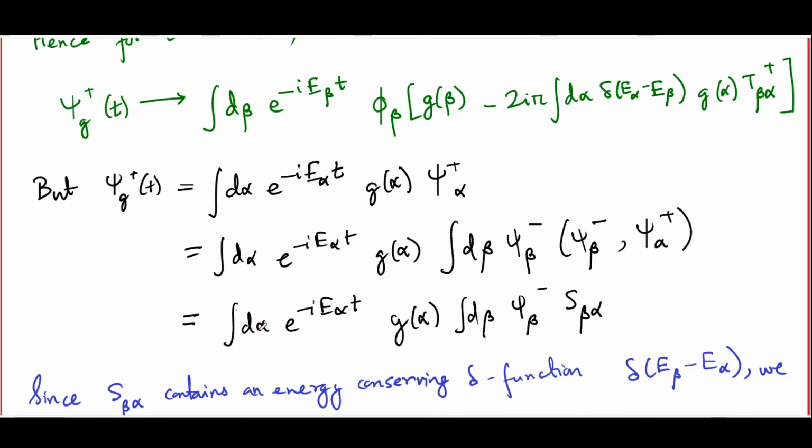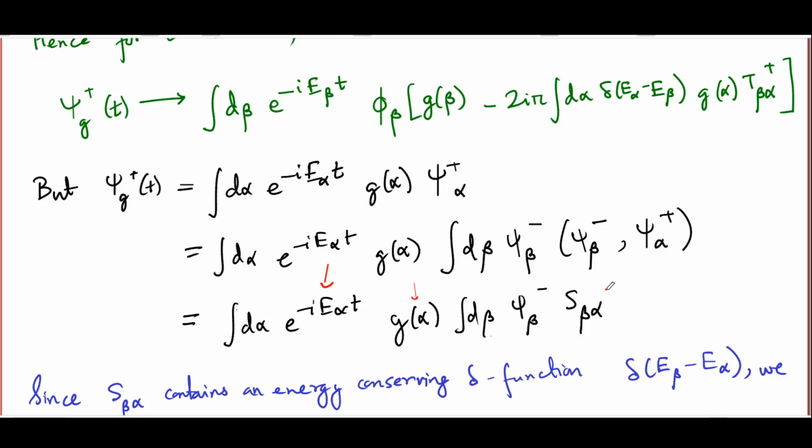The integral of d alpha e to the minus I E alpha t, G alpha, these are all alpha dependent, independent of beta, so they have been moved out here. But now you have this integral over beta, psi beta minus times this matrix element, which is nothing but S beta alpha.